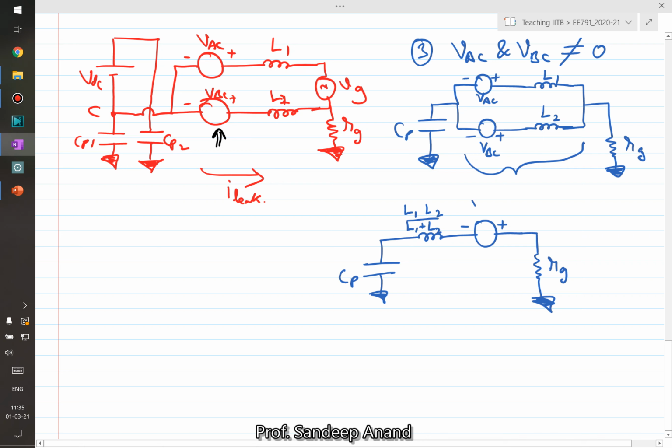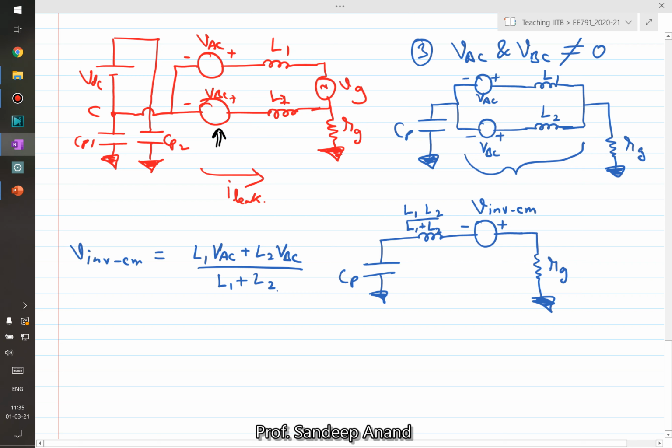And if you find this, let me call it V inverter common mode, right? So what is V inverter common mode? If you try to find V inverter common mode from the analysis, then you would get L1 into VAC plus L2 into VBC upon L1 plus L2.